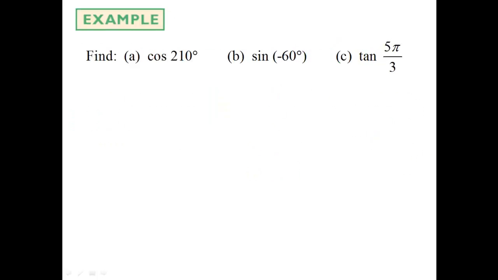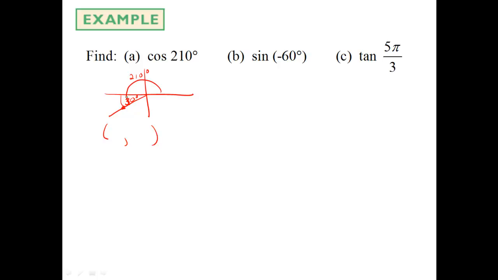Find the cosine of 210. Well, where exactly is 210? Well, it must be beyond 180 because this is 180. So I'm going to go 30 degrees beyond 180. So it's a 210 degree angle, but what I'm really thinking about is from here to here is 30 degrees. So that tells me I need to recall from memory the ordered pairs for 30 degrees. Now I can remember that it's 1/2 and the square root of 3 over 2, but which one is which?